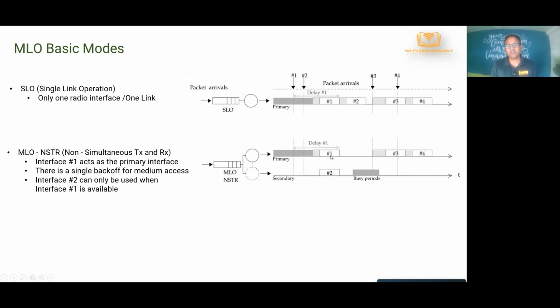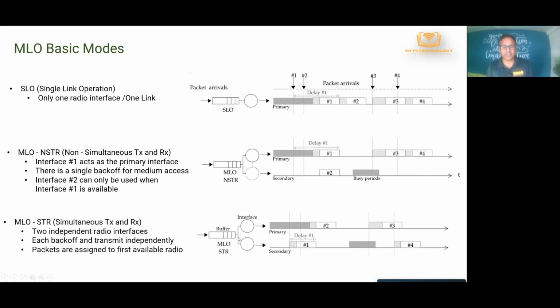Then you can send packet number 1 on the primary link, and packet number 2 on the secondary link. And that way you're getting low latency for packet number 2, right? So you can actually use multiple links as one coordinated link to transmit more data. It's like link aggregation, right?